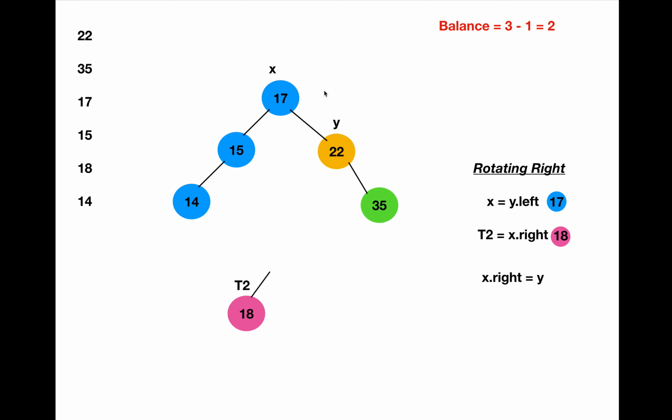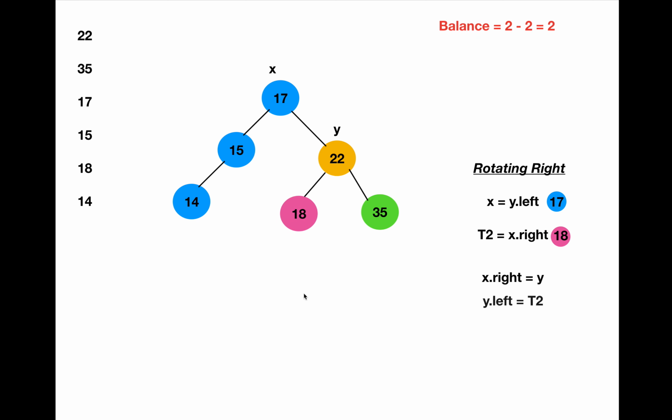So then we'd have this happen. And then we have this dangling T2 over here. So instead of doing another right imbalance like we did where we shifted everything, our algorithm will do that automatically by putting T2 on the left side of y. So the same thing that we saw before gets done with this rotate right algorithm.